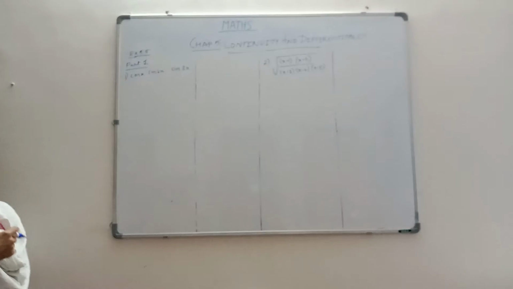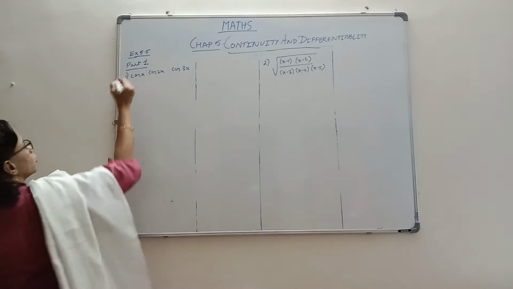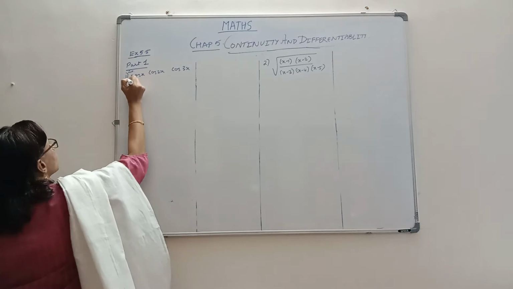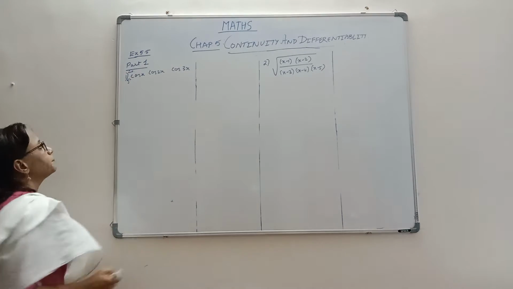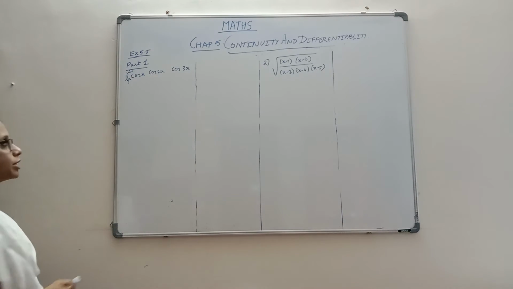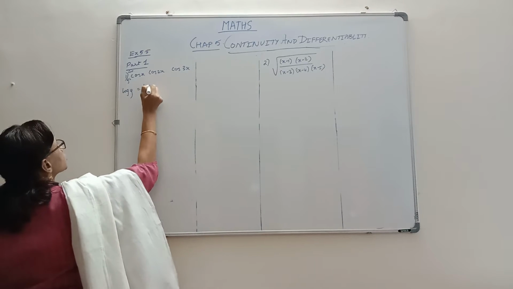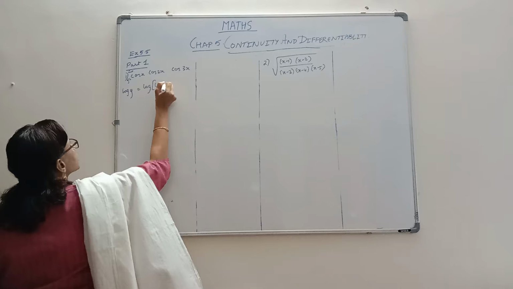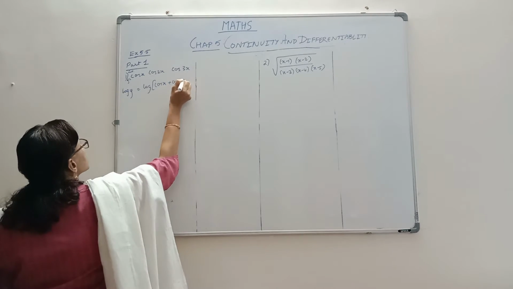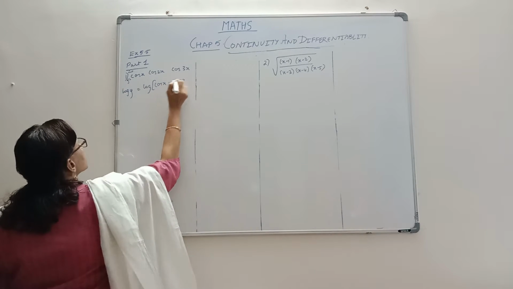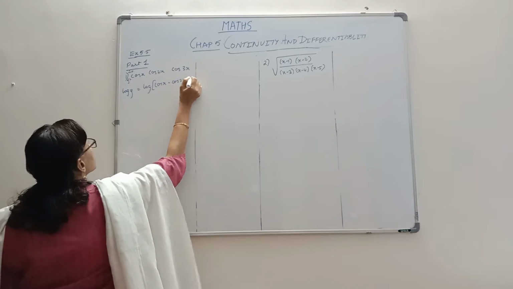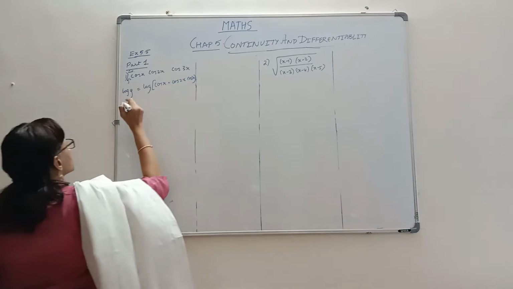So let's start right away by calling this y. Let y be this particular thing, and as we are planning to take the logarithm on both sides, it is going to be log y here, and it's going to be log of cos x into cos 2x into cos 3x, because we have taken log on both sides.